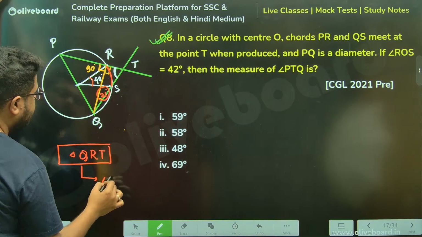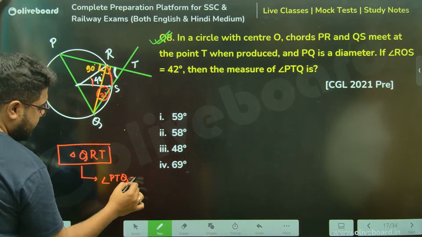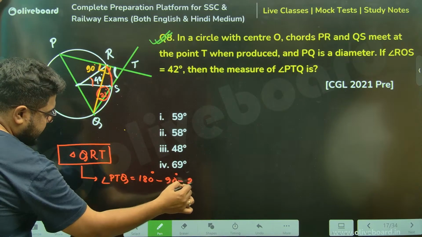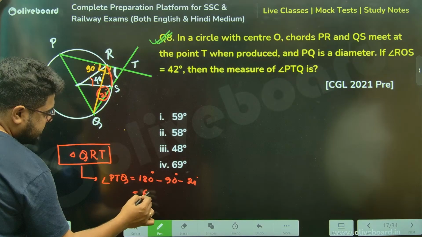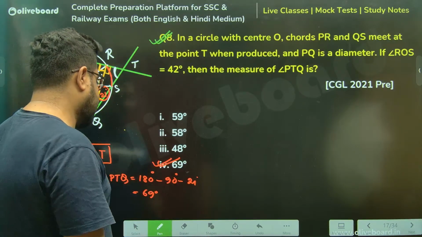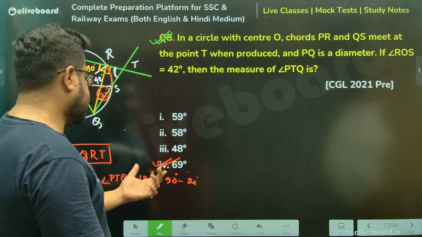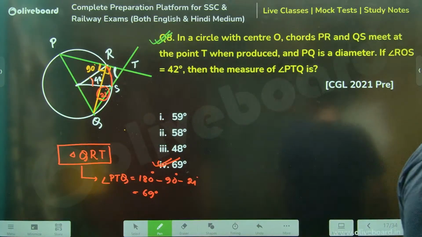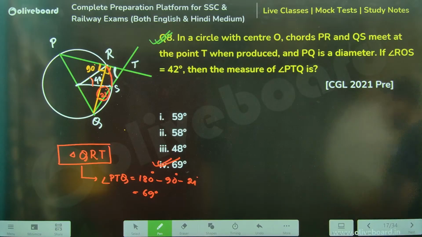So angle PTQ, the third angle, will be 180 minus 90 minus 21, which gives you 69 degrees. Is this clear, everyone? A little tricky in this case.